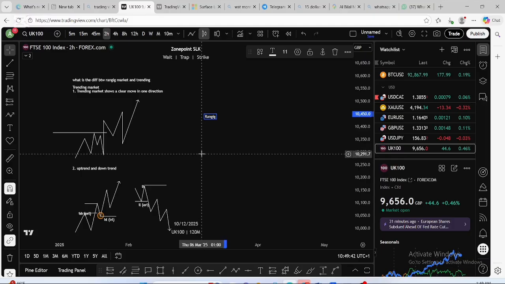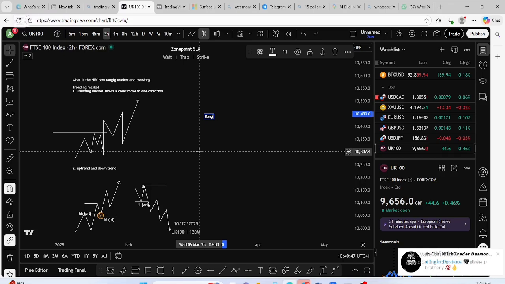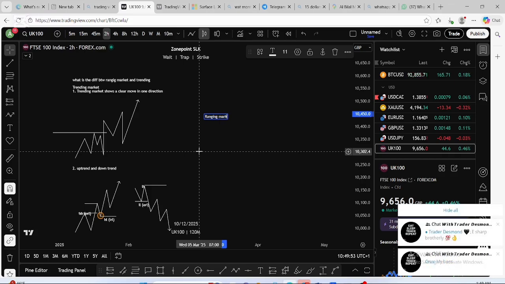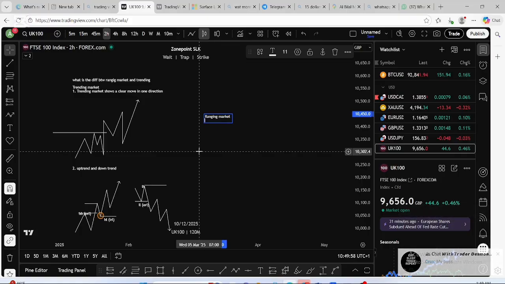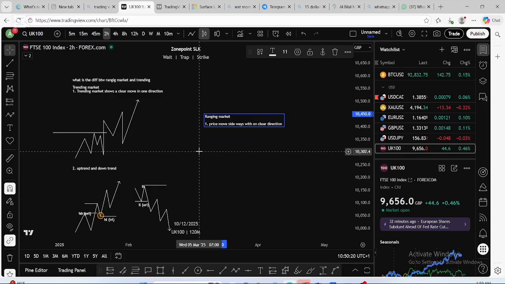So the differentiation for ranging market is: one, a ranging market is when price moves sideways with no clear direction. That's for a ranging market.